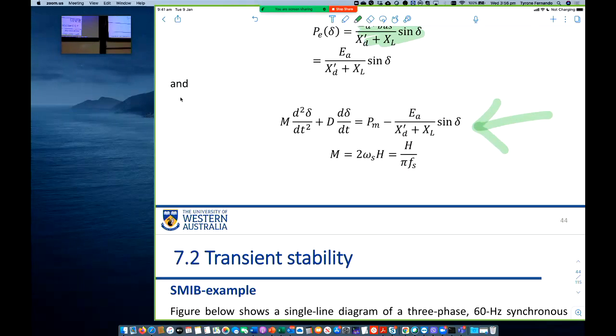When there is a sudden event, what can happen? The electrical power can drop. For example, let's say the terminal of the generator all of a sudden becomes a short circuit.